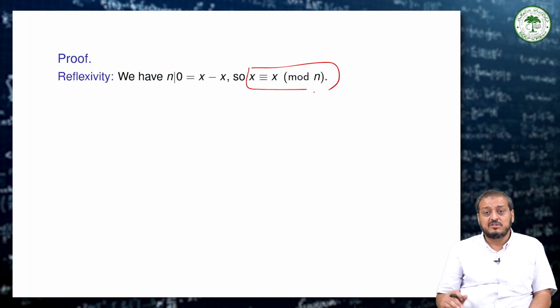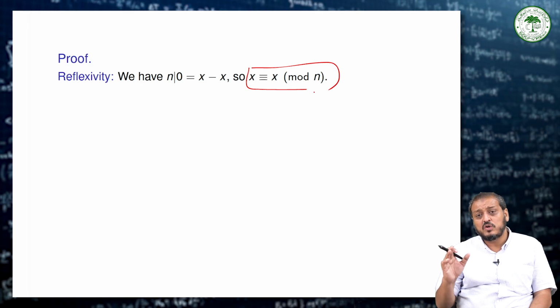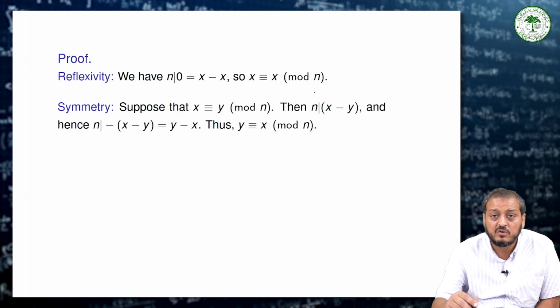So clearly x is congruent to x mod n. For the symmetry case, suppose x is congruent to y mod n.